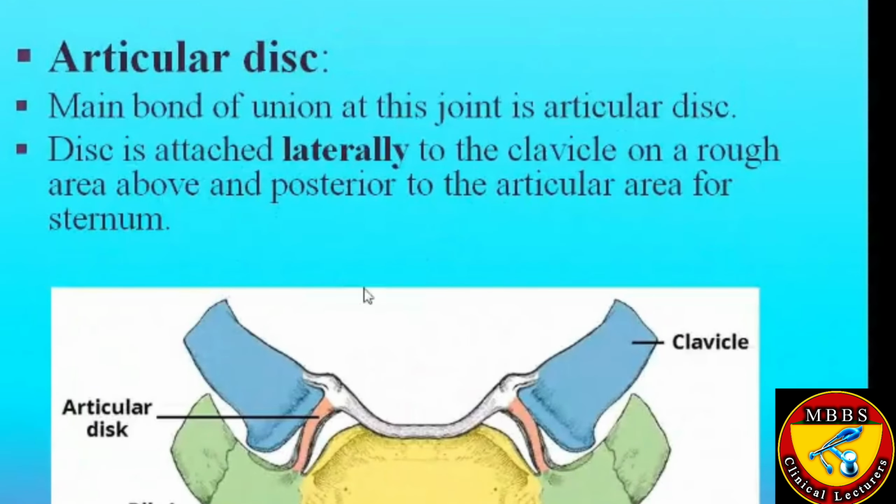Then we talk about the articular disc. This is the main bond of union at this joint. Now, if you look at this disc, it is attached laterally to the clavicle on the rough area above and posterior to the articular area for the sternum.